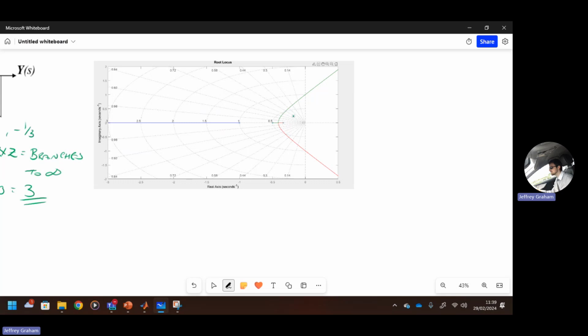There's no zeros, remember. 1, 2, 3 means this has to be on the real axis, because obviously 3 is an odd number.